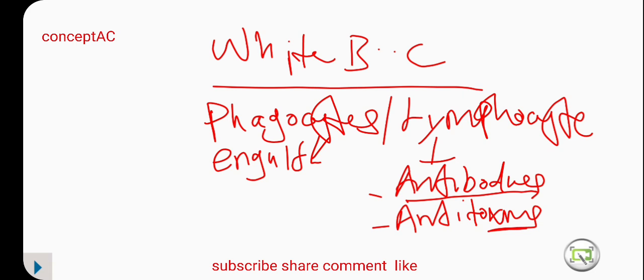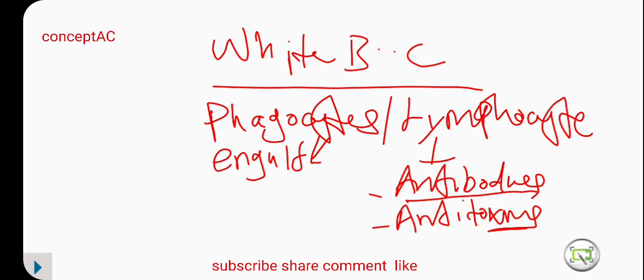Then antitoxins are chemicals that are produced so that they can neutralize the toxins that a germ produces, the chemical that the germ produces to cause a disease or an infection. Then this antitoxin goes there and neutralizes that toxin. So these are the two types.